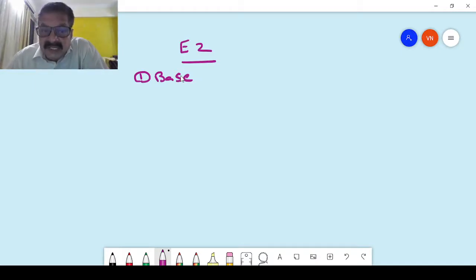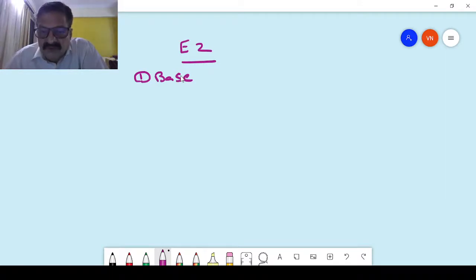Therefore, the identity of the base and the concentration of the base are most important points here. The base appears in the rate equation. Therefore, the rate of an E2 reaction increases as the strength of the base increases. As the strength of the base increases, the rate of the E2 reaction increases.